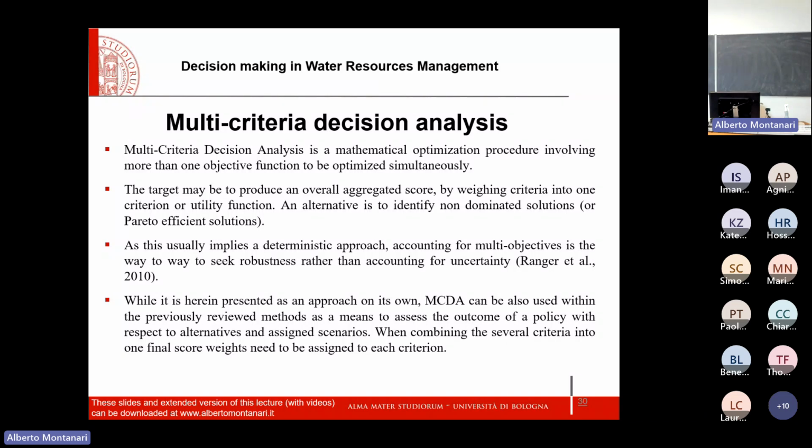I want to introduce you to another approach which allows you to deal with multiple criteria. And this will involve some math. It will be the last effort that I require of you.